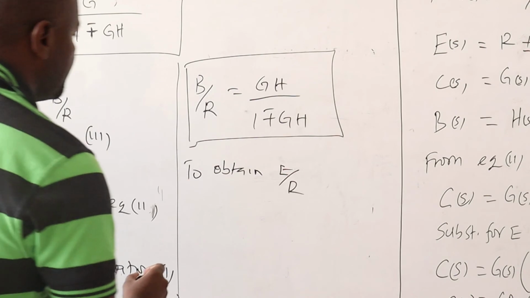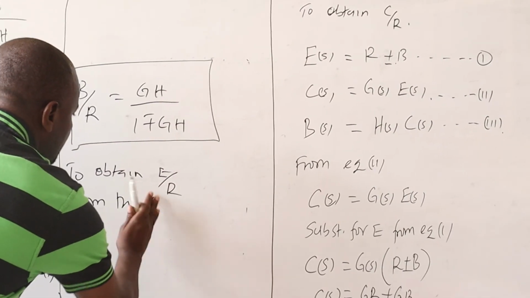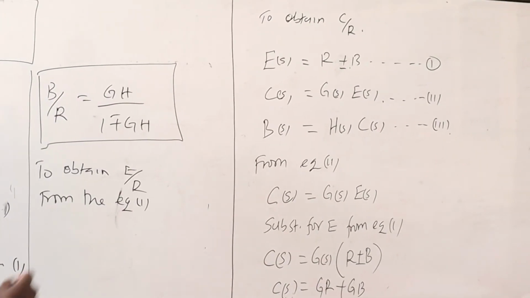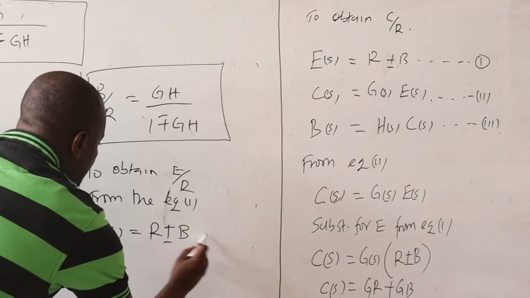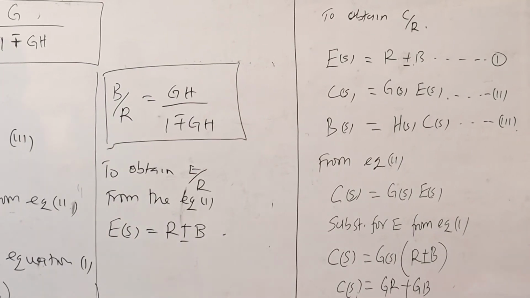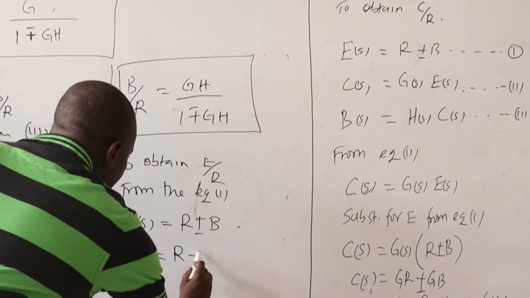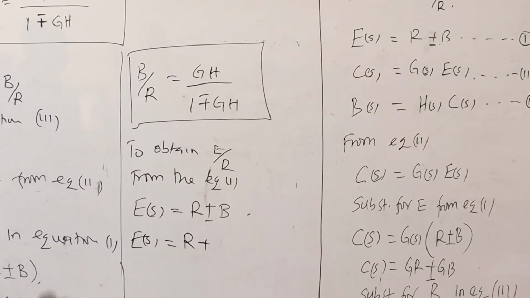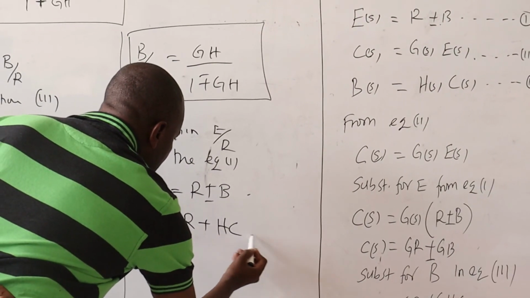From equation 1, we have E of S is going to be given by R plus or minus B. And we know that B is also equal to HC, so we can substitute for B and have HC.